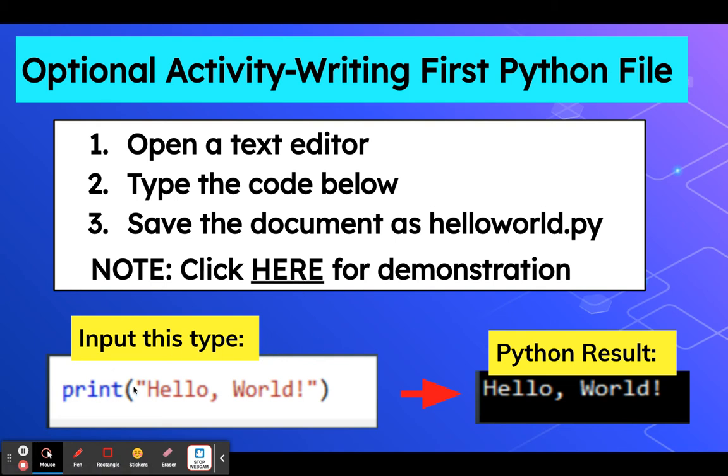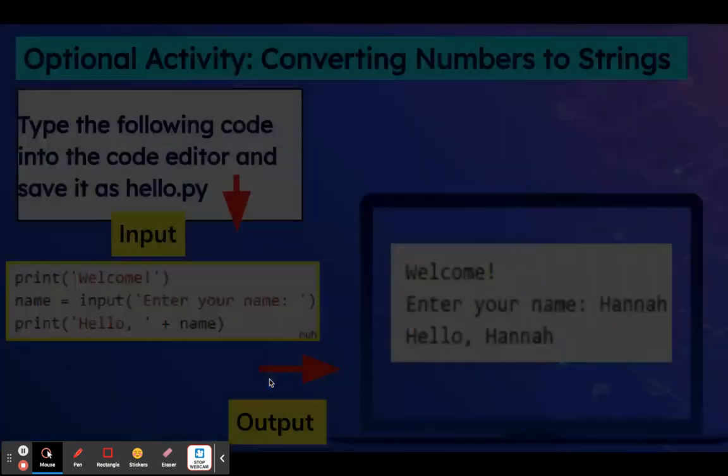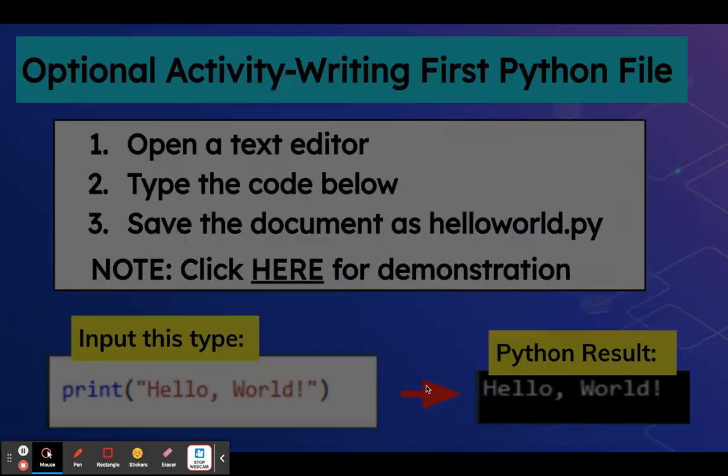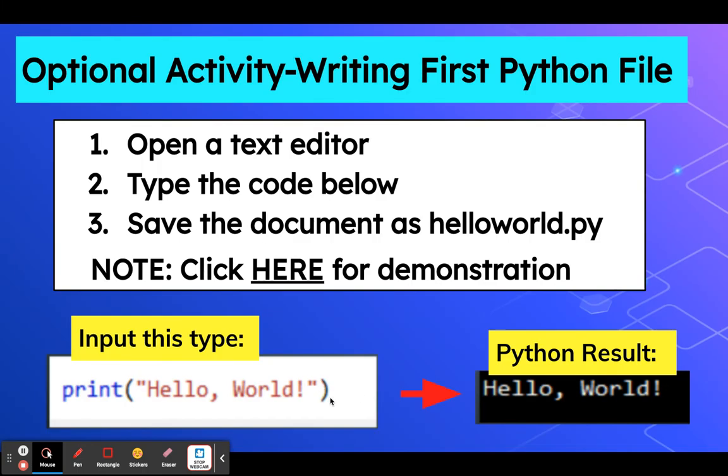You would input print, open parentheses, open quote, hello, comma, world, exclamation point, end quote, and close the parentheses. Whenever you have a beginning, you have to have an ending, just like in HTML when we were doing web stuff. And this would be your result: hello world.